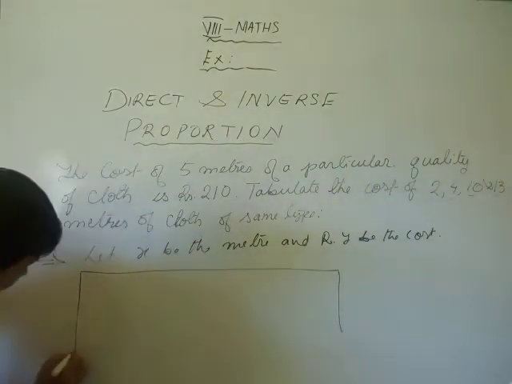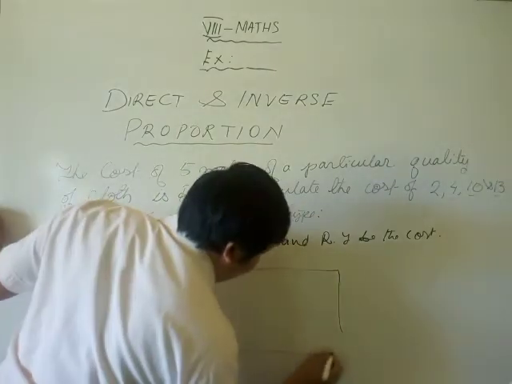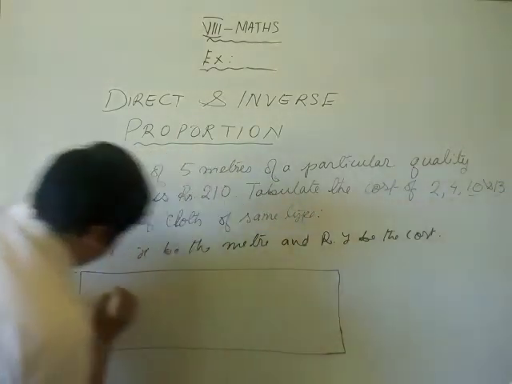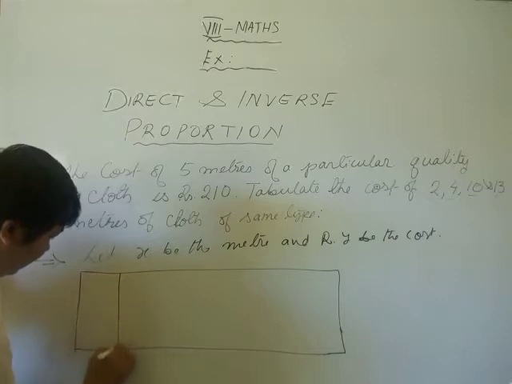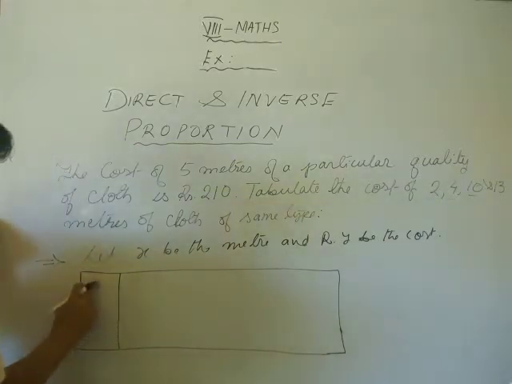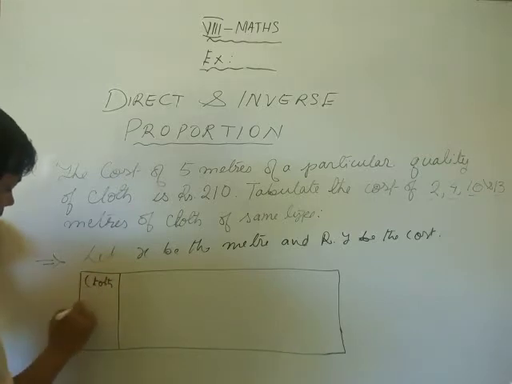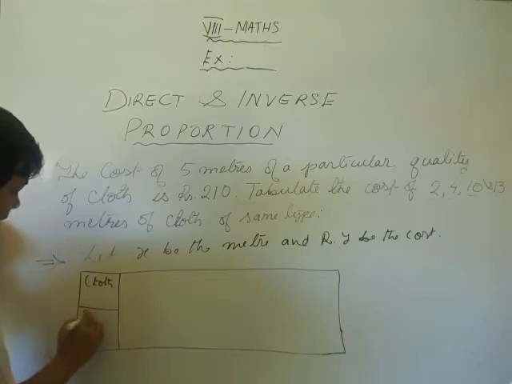Since they ask to make the table like this, here will be cloth, C-L-O-T-H, and here will be price. So this will be x and this is y, price.